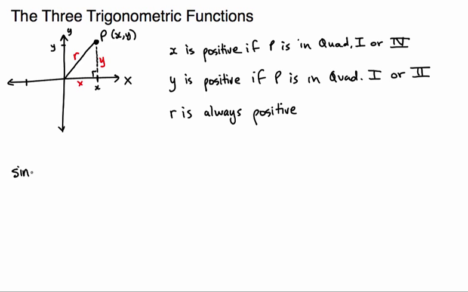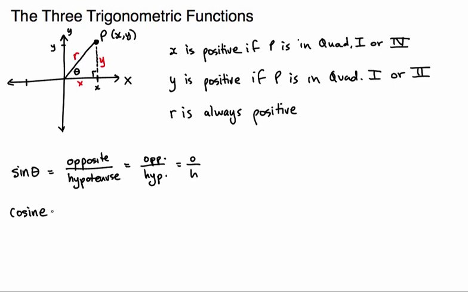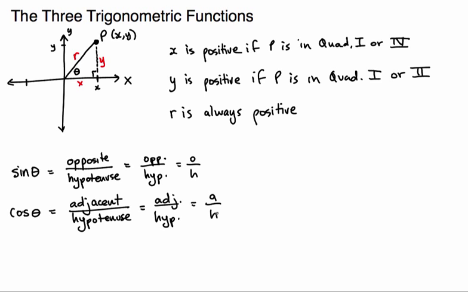So if you take the sine of an angle, and in this case we're using angle theta, sine of angle theta is the opposite over the hypotenuse, sometimes shortened to op over hyp, or even O over h. Cosine of the angle is adjacent over hypotenuse, or adj over hyp as an abbreviation, or A over h.